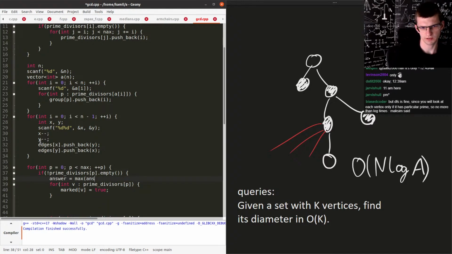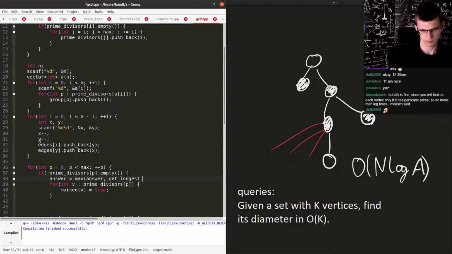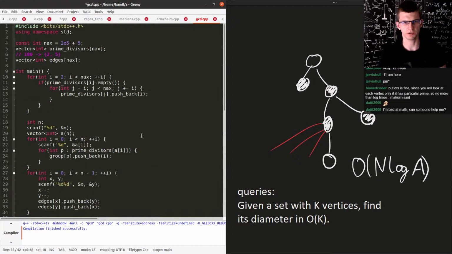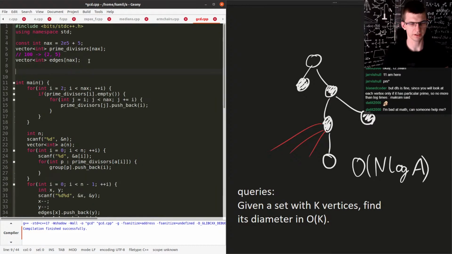Answer maximize with this. Get longest path, it gets marked vertices, a vector of marked vertices.